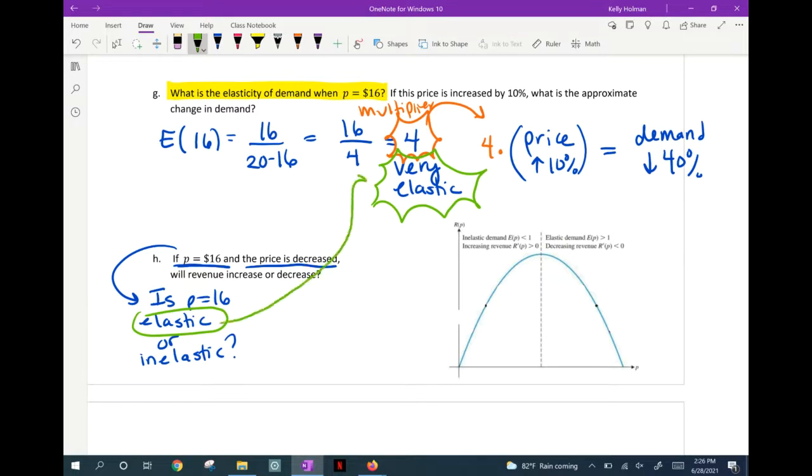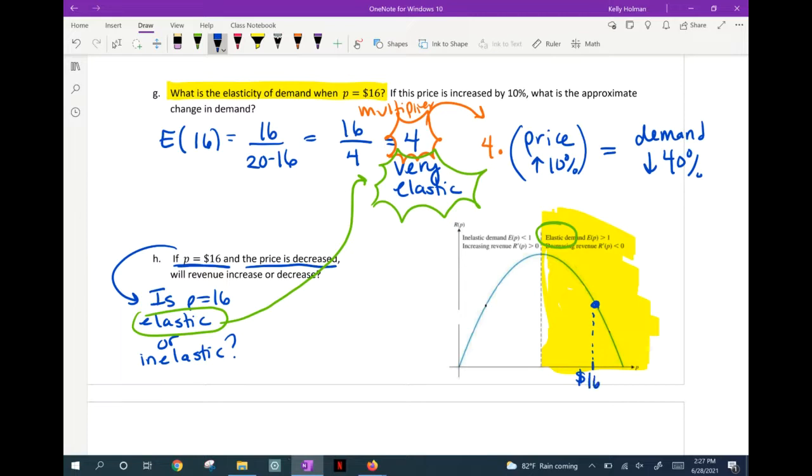So that just tells us we are going to be on this side of our diagram. It doesn't matter where, we just have to be somewhere over here. This just helps us read it. And our calculation was way over 1. So we're in this elastic side, and I put a generic point here. Let's just pretend that this is our price of $16.